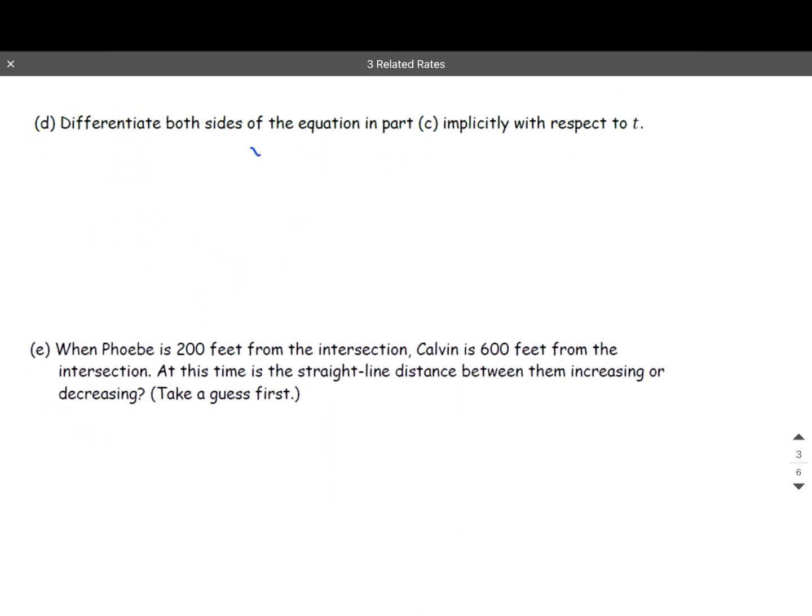So I'm going to write the equation here again just so you can see it with me. And if we take the derivative of x squared with respect to t, that's 2x dx/dt, because we want to know this rate as it's changing over time. That's why it's dt. Plus the derivative of y squared is 2y dy/dt equals the derivative of z squared is 2z dz/dt.